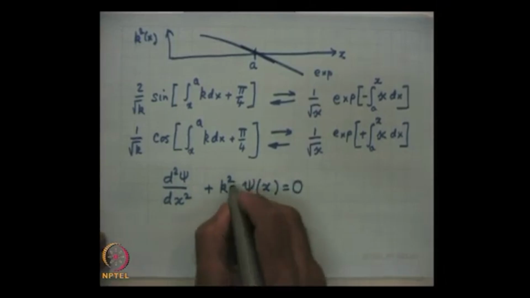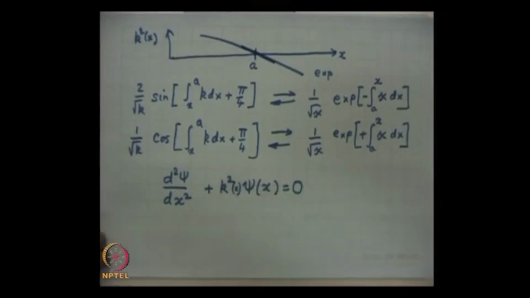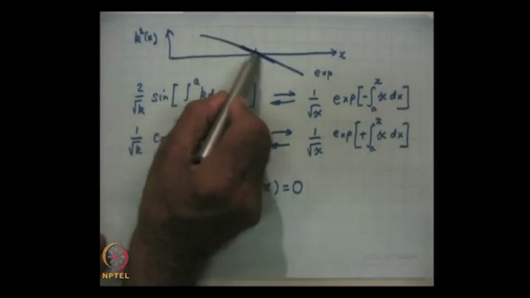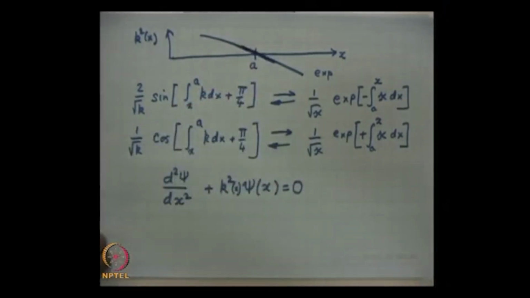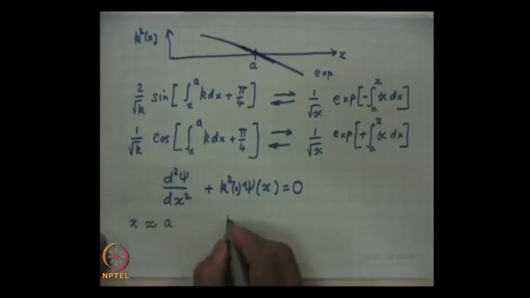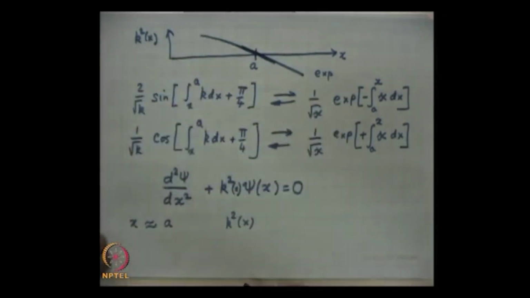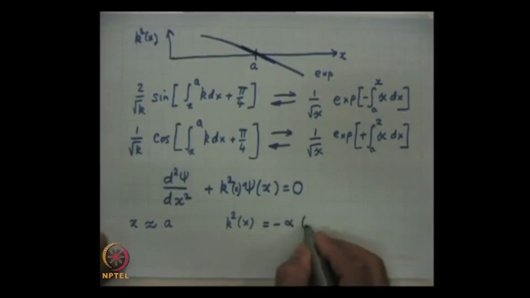Now, we assume that in the vicinity of the turning point, so at x around x is equal to a, k square of x, in this case it is a decreasing function of x, is equal to minus alpha times x minus a, approximately.